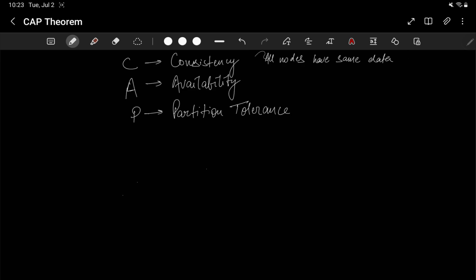Okay. Next comes availability. Availability means whatever the request is, it should get a response. So first let me write it down. Every request receives a response, even if some nodes fail, thus ensuring continuous service.